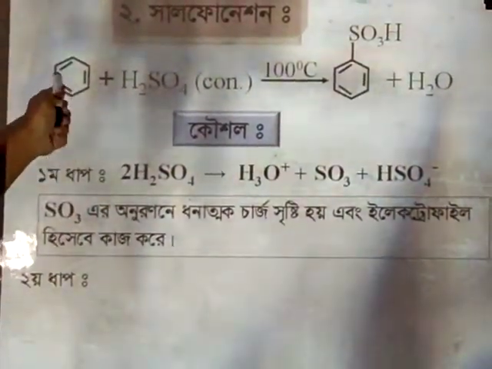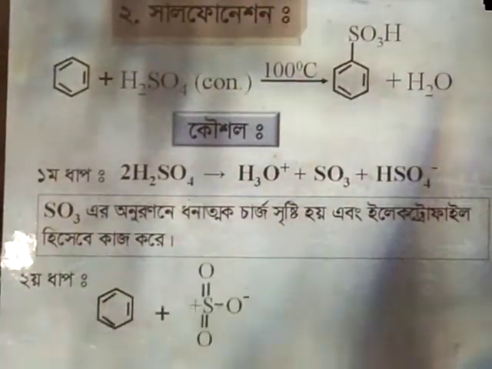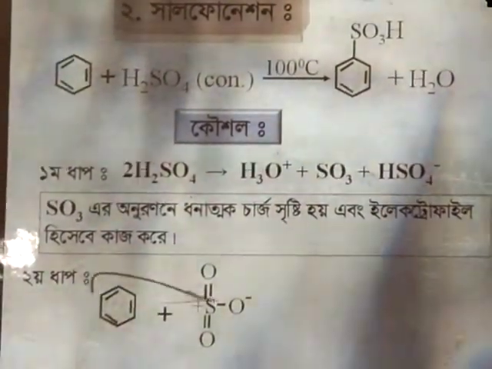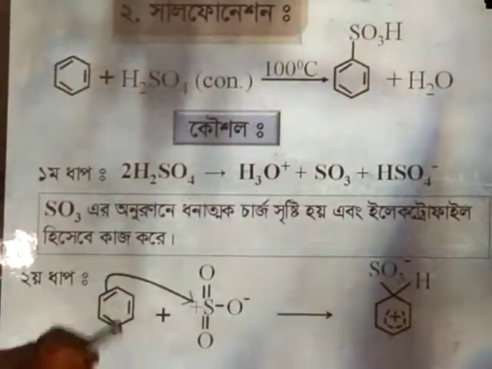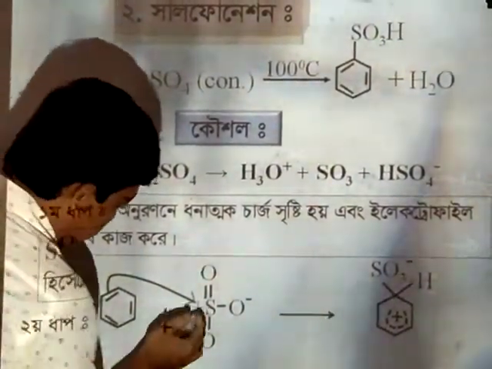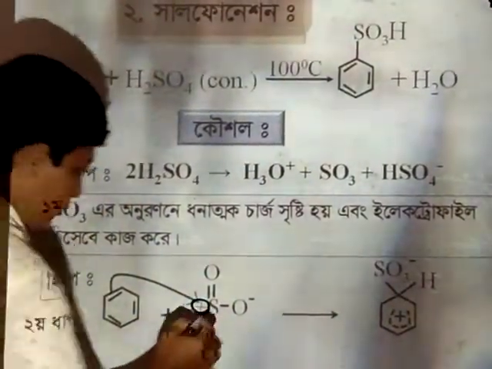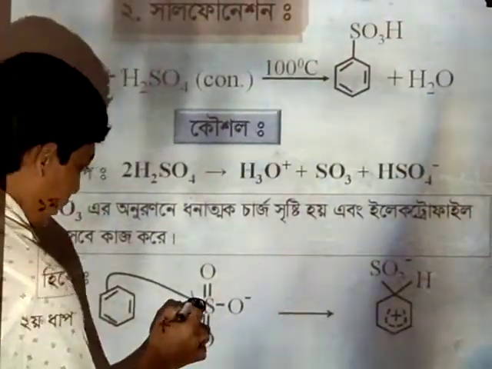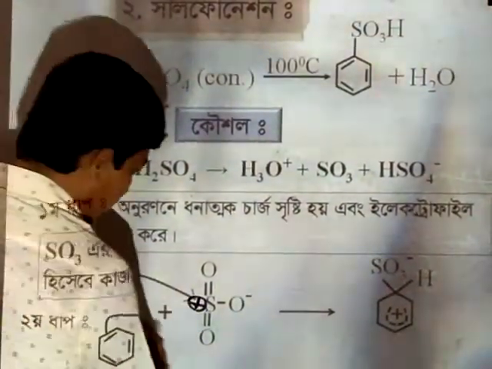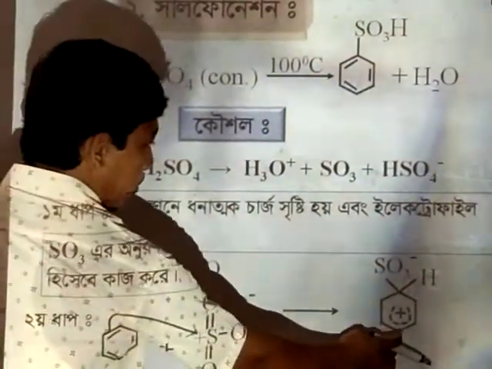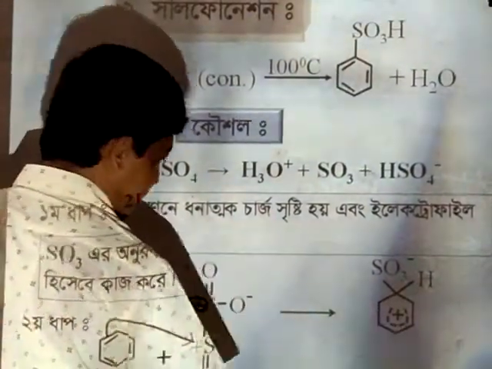It attacks the pi electrons of benzene and produces a sigma complex in this way. See the structure. Here, sulfur trioxide has a positive charge on the sulfur atom. It attracts the pi bond of benzene. For this, it produces a sigma complex. Here, this is the sigma complex.